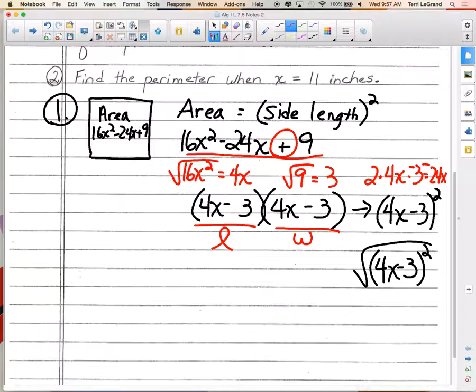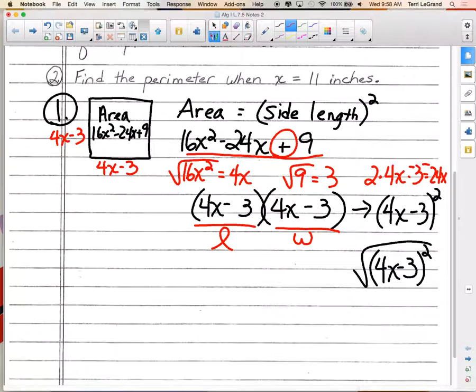Remember, they have the same length and the same width within a square. Each side is the same. So we now know the dimension that we need for this square. It's 4x minus 3. 4x minus 3 times 4x minus 3. Oh, that gives you the area.